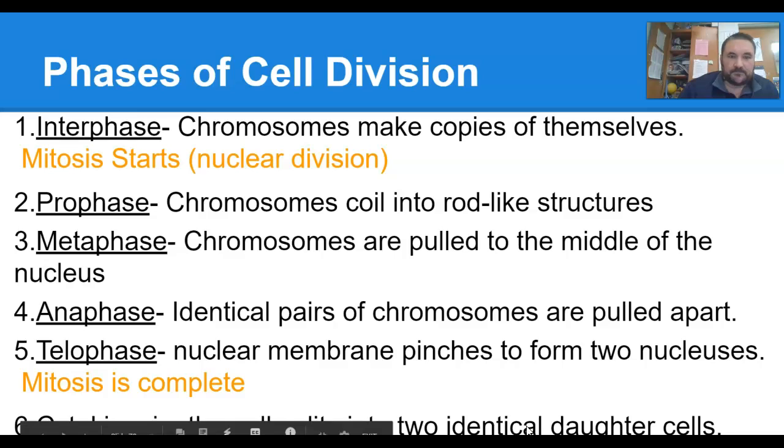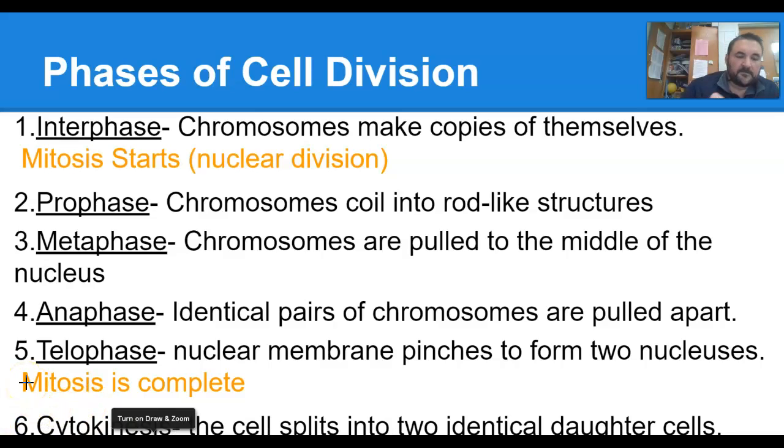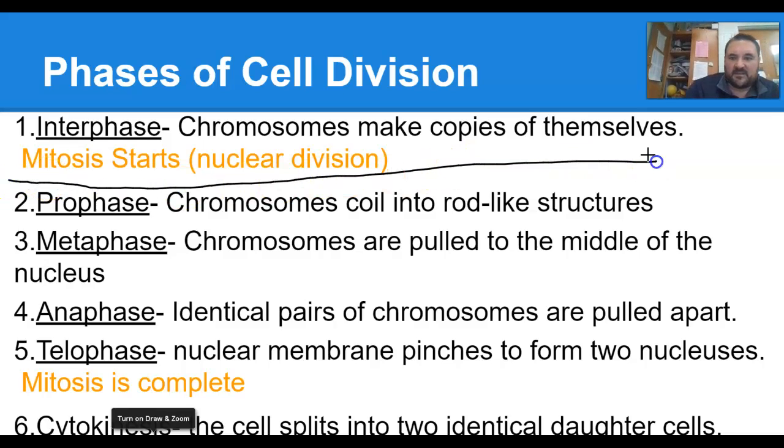So the phases of cell division, you have interphase and cytokinesis, which are not technically a part of mitosis. Interphase, chromosomes make copies of themselves. This is before mitosis, so technically, this is by itself. Then you have the PMAT, which is prophase, metaphase, anaphase, and telophase.